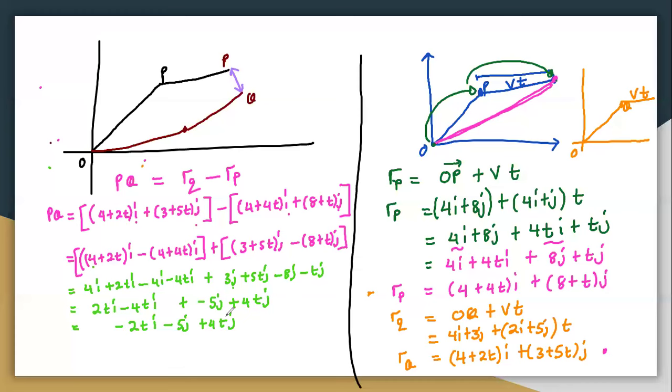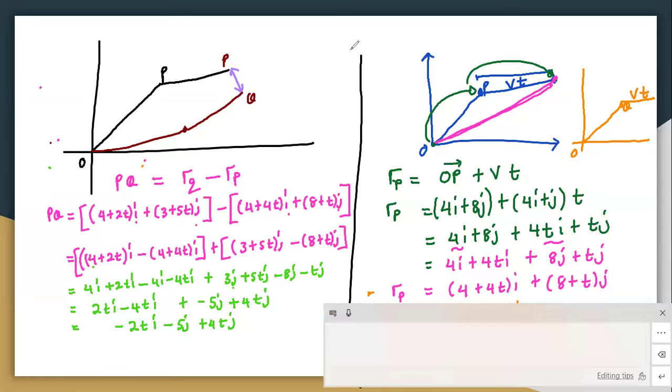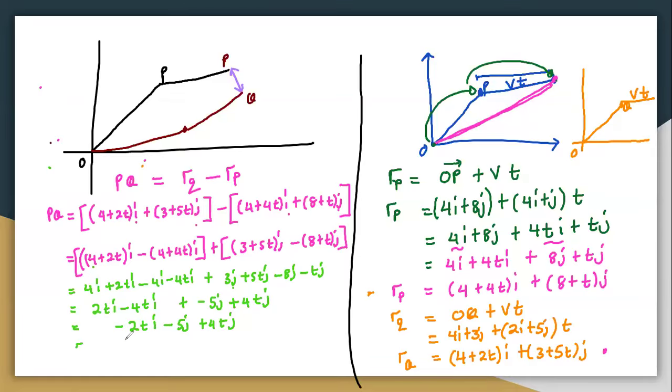Kindly let me know whether that is okay to each one of us. Is that still okay, how we are subtracting? Okay, good. Now when we reach here, we can have it a bit composed.